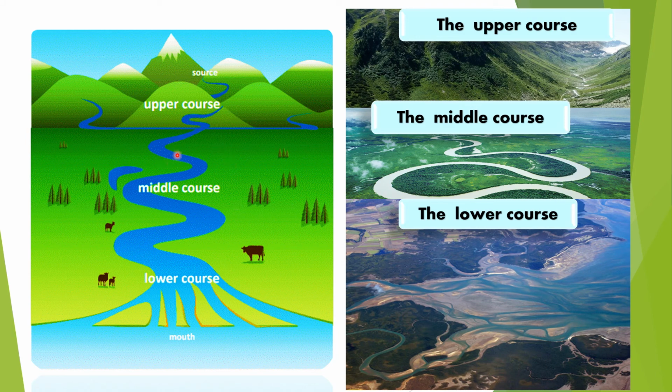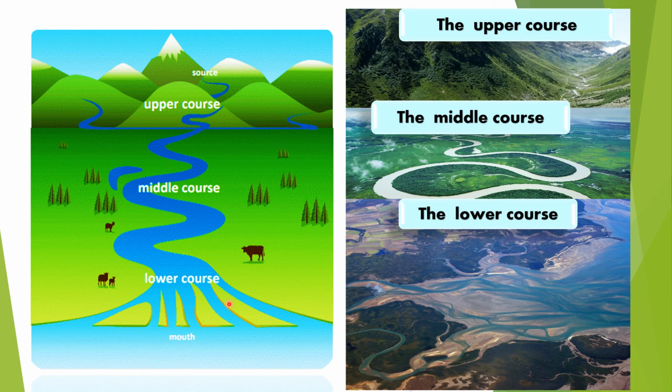And gradually, when the river moves towards the larger water body, speed decreases. High speed in the first stage, in the second stage the speed goes down a little bit, and in the third stage they start flowing really slowly.